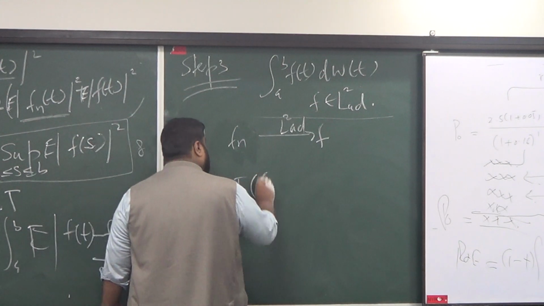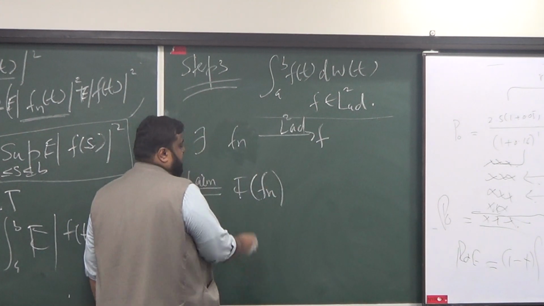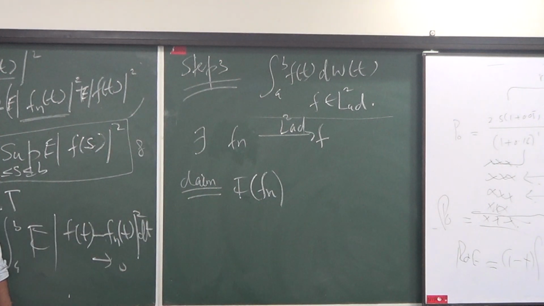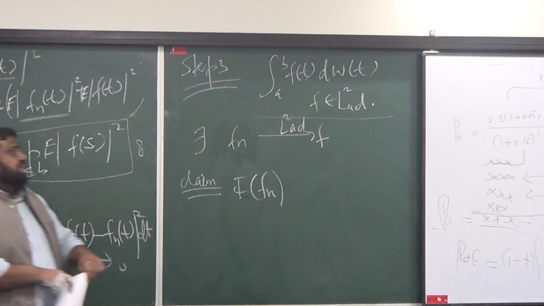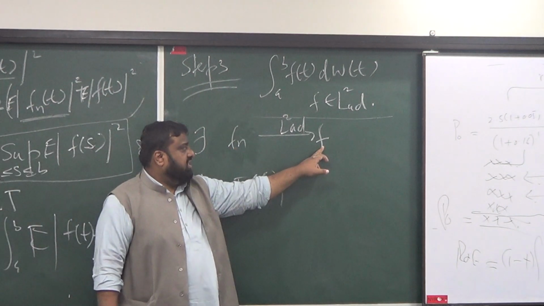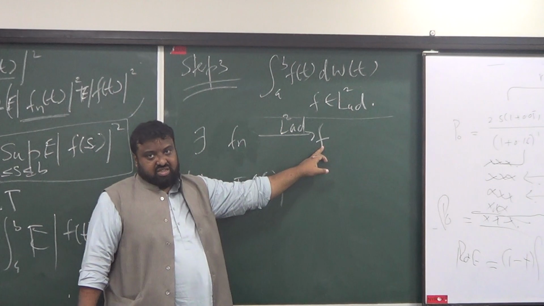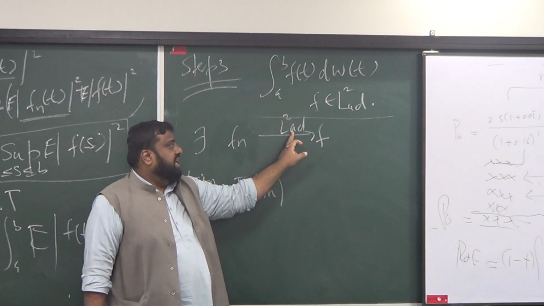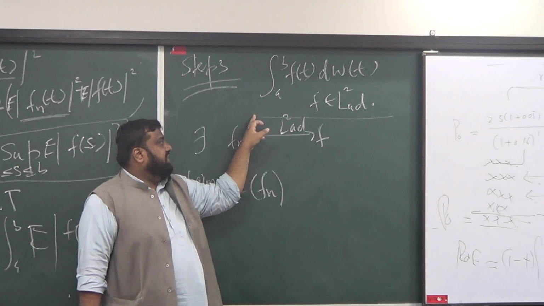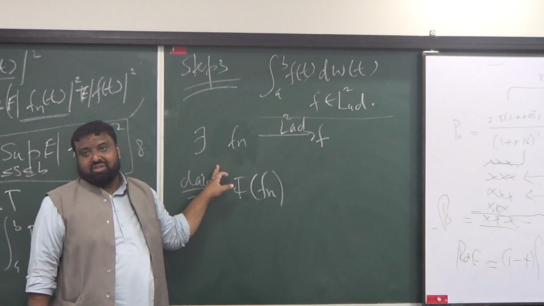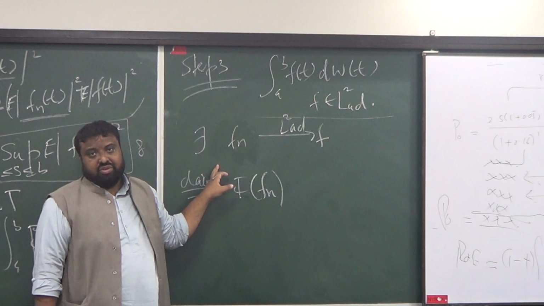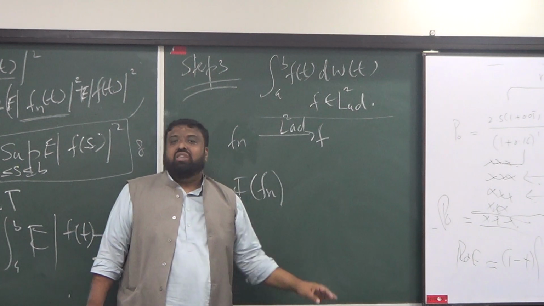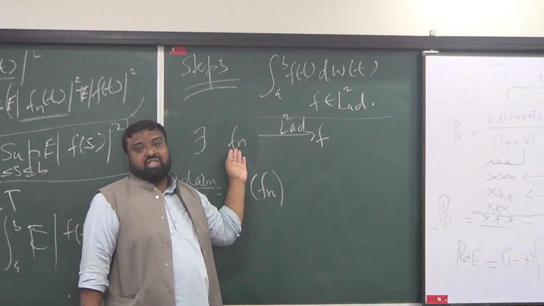that the sequence of the stochastic integral of these step processes converges. So in other words, since this sequence converges to f in L2 AD sense, what we would like to prove is that the stochastic integral of the step processes will converge to the stochastic integral of f.